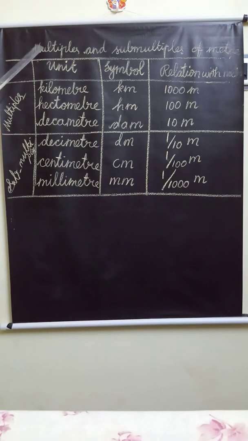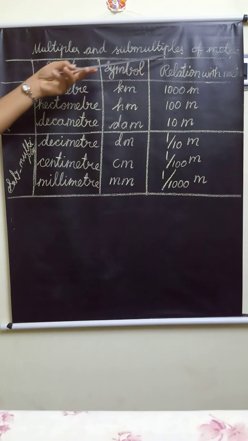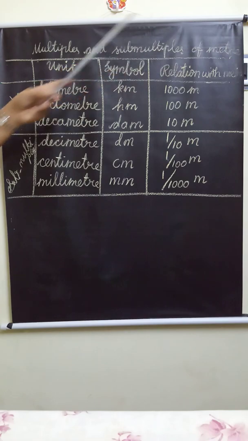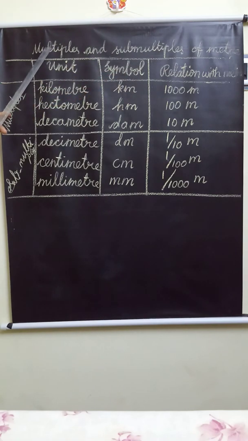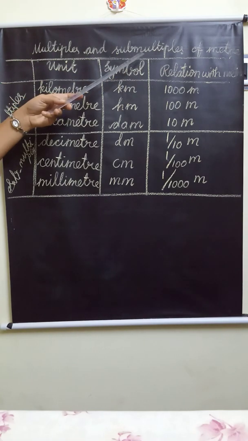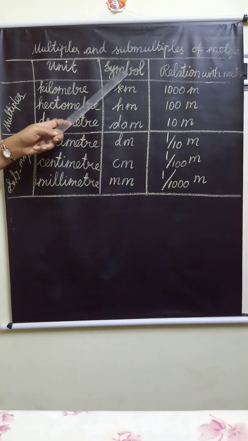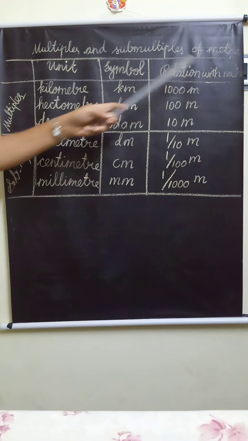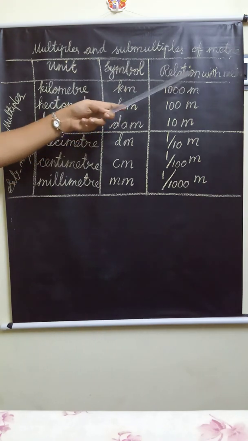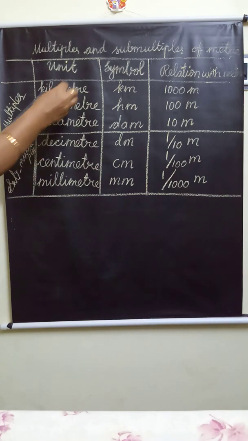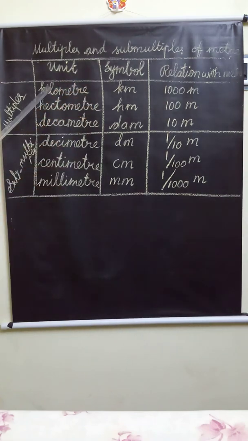Listen here. Here some multiples and sub-multiples of meter are there. What are multiples? That is the bigger units. Sub-multiples are called smaller units. So this is unit, symbol, relation with meter. These are the multiples of unit. First one is kilometer.